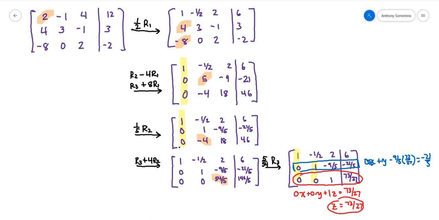Of course, that doesn't really happen here, so y is going to equal negative 21 over 5 plus 9/5 times 73 over 27. And when I work that all out, y ends up being 2/3.